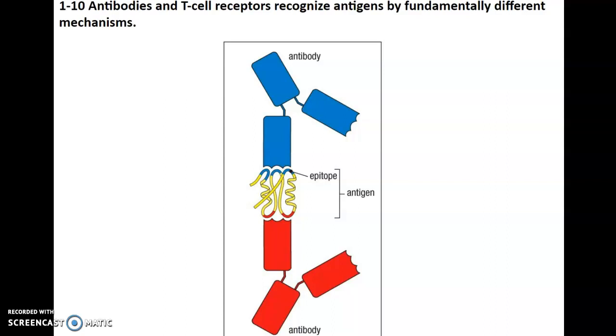And so the antigen may be globular, and the actual epitope recognized by the antibody doesn't have to be sequential amino acids. They could be amino acids that are very far apart from each other in the primary structure of the antigen, while being right next to each other in the tertiary structure of the antigen.